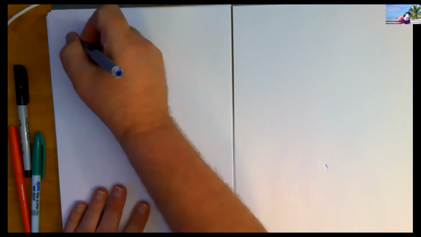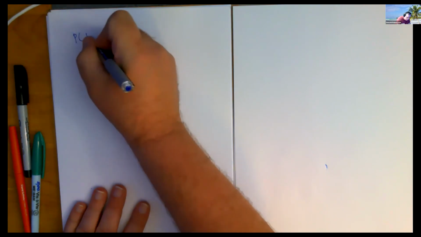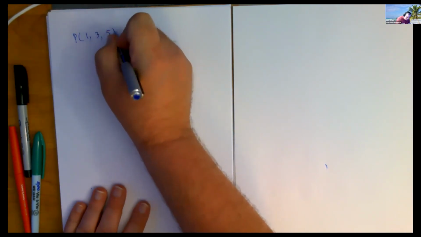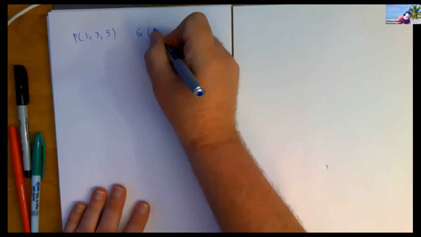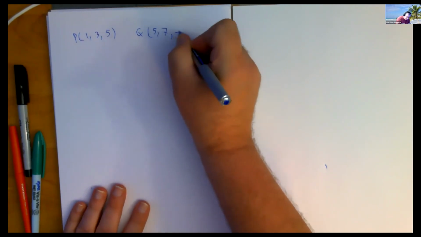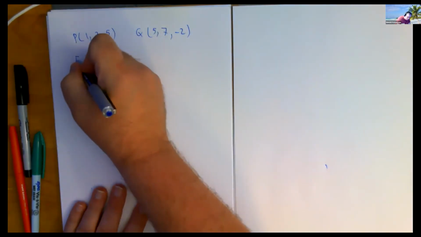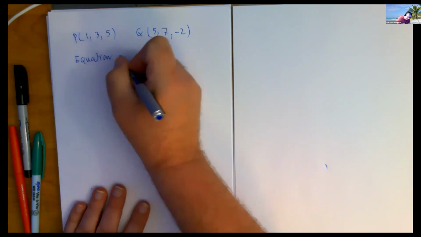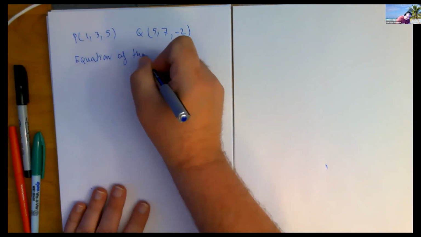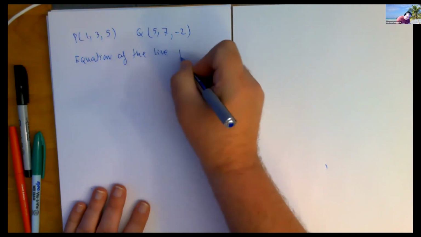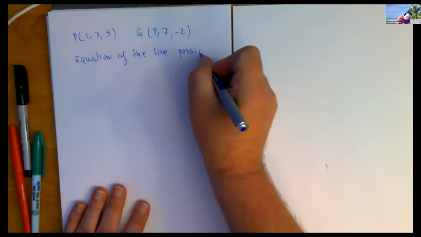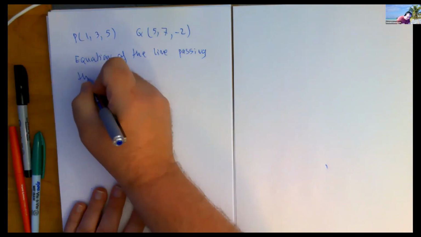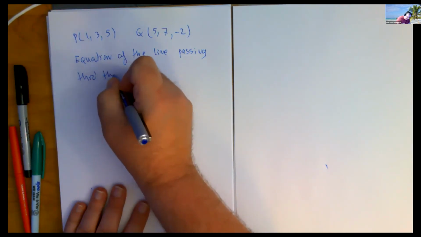So suppose I give you the point with coordinates 1, 3, 5, and another point Q, 5, 7, negative 2. And the question was, find the equation of the line passing through these 2 points.